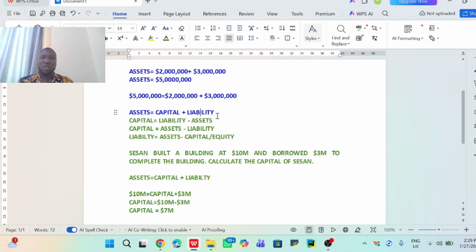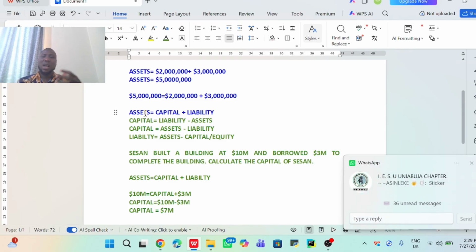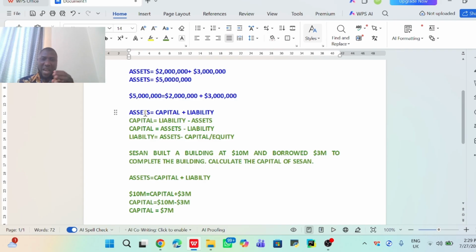Once you subtract your liability from assets, it will give you your equity. So that is why we have different presentations in our financial position. Sometimes assets and liability will be added together, and the equity side will be alone.